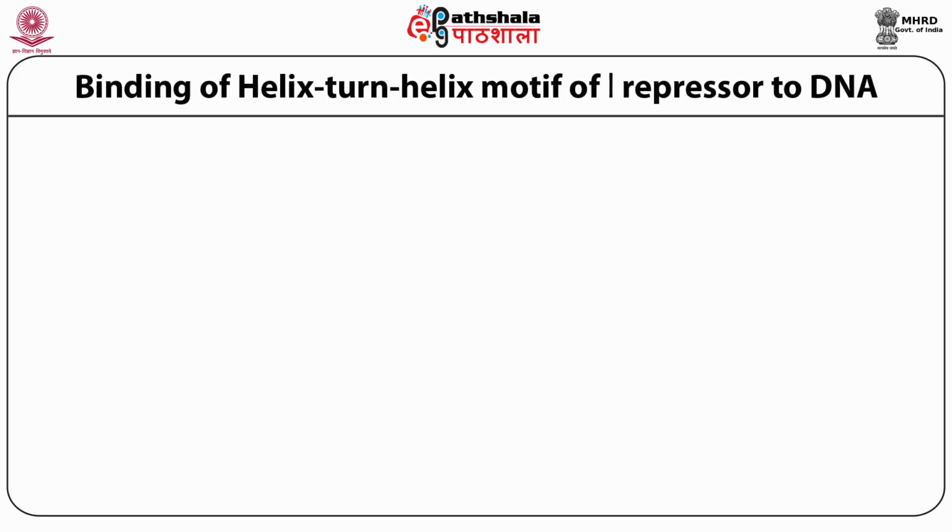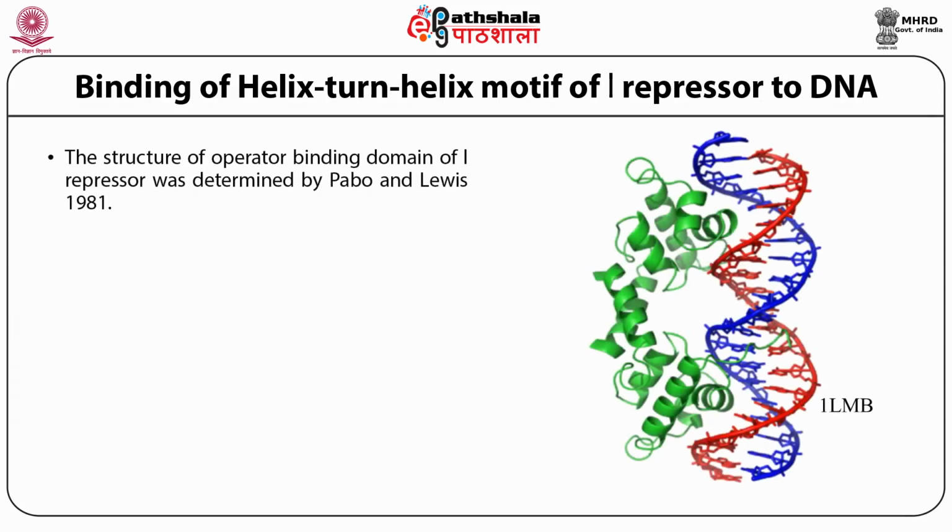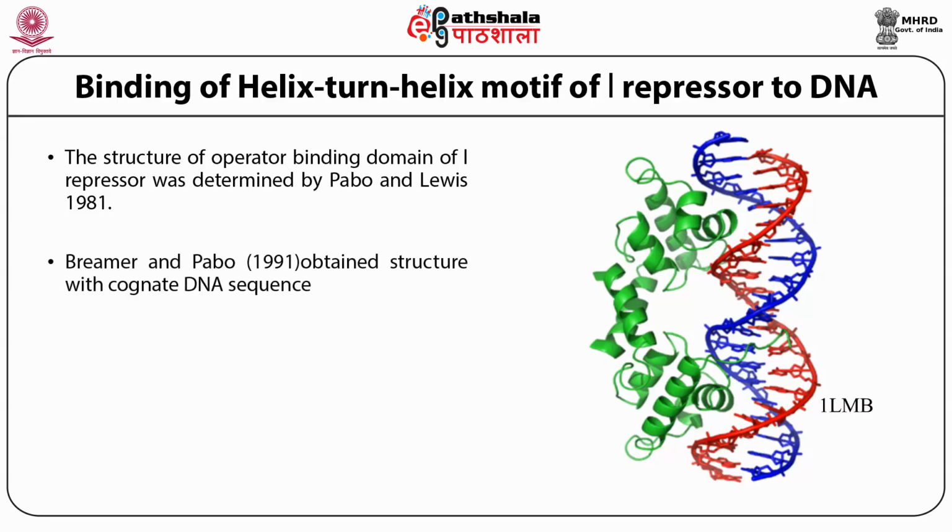Binding of helix-turn-helix motif of lambda repressor to DNA. The structure of the operator-binding domain of lambda repressor was determined by Pabo and Lewis in 1981. Bremer and Pabo in 1991 obtained the structure with cognate DNA sequence, which is shown in the picture here.